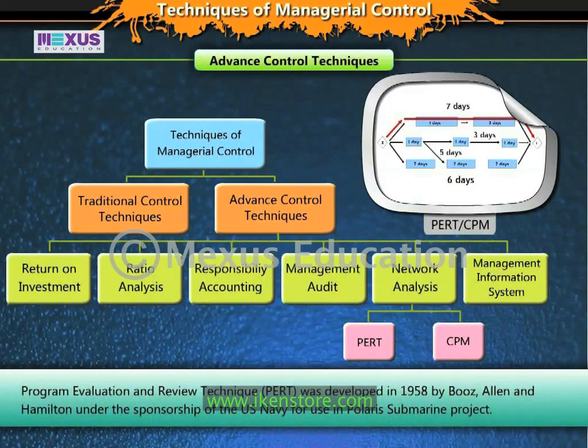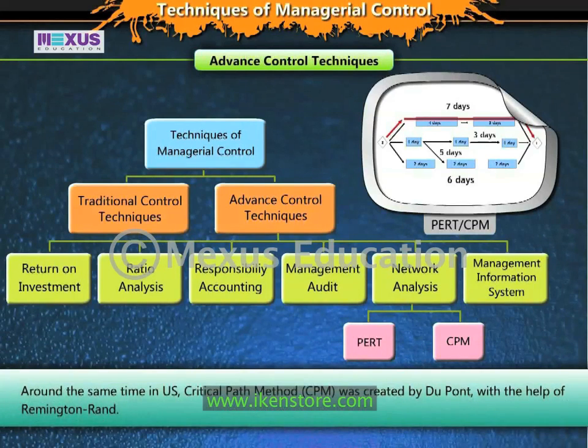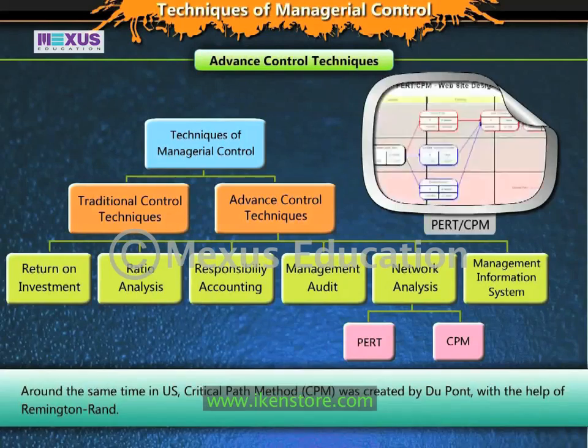Program Evaluation and Review Technique, or PERT, was developed in 1958 by Booz Allen and Hamilton under the sponsorship of the US Navy for use in the Polaris submarine project. Around the same time in the US, Critical Path Method, or CPM, was created by DuPont with the help of Remington Rand.